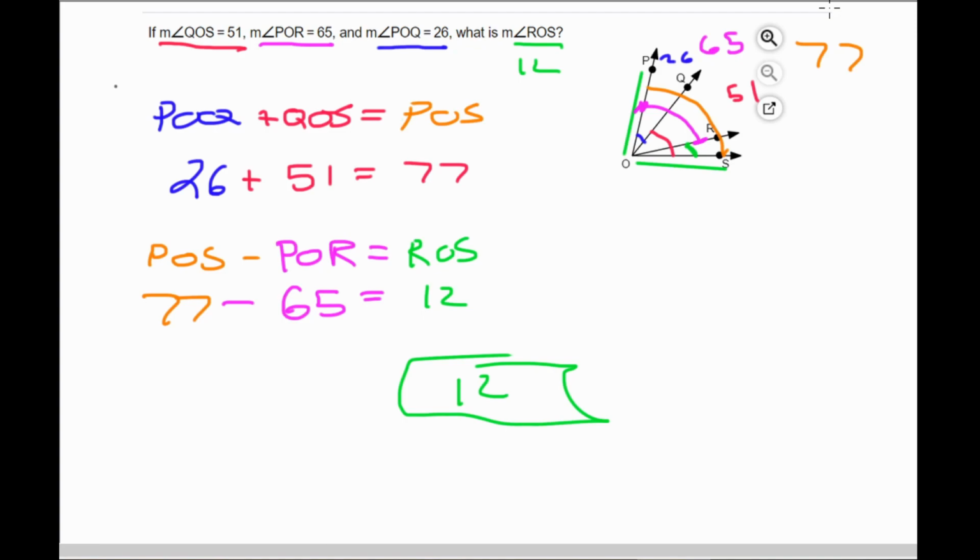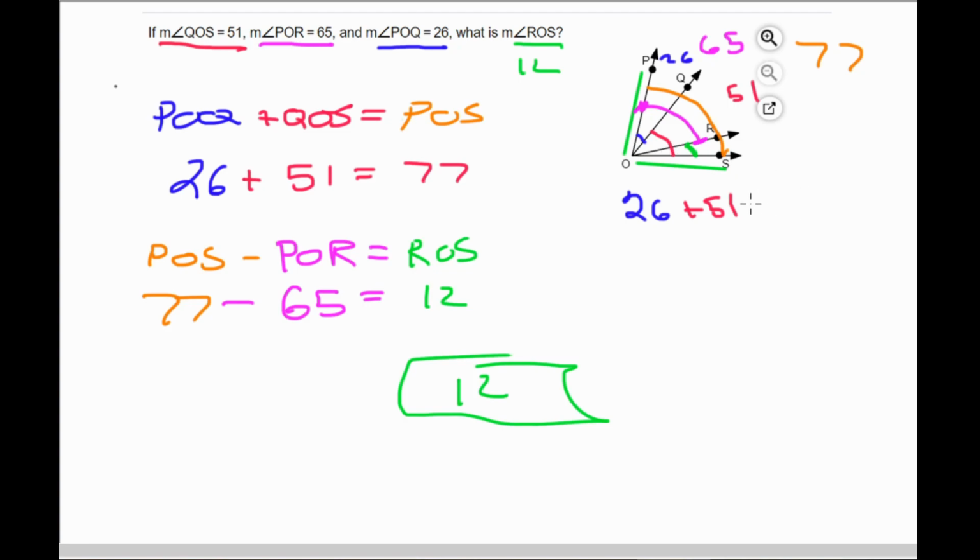Well, what I'm going to do is I'm going to say, does my POQ, which is blue, plus my red, so let's switch to red, which is 51. All right, those two together makes the whole thing.